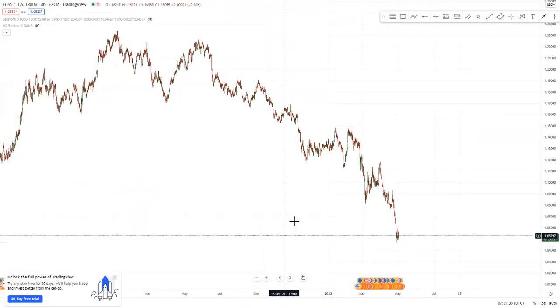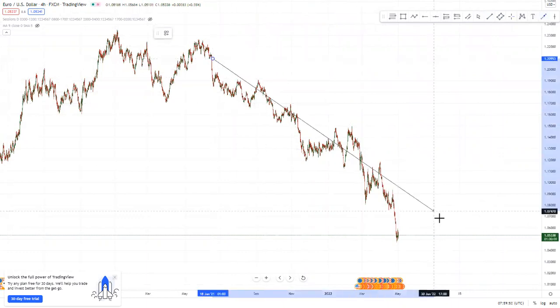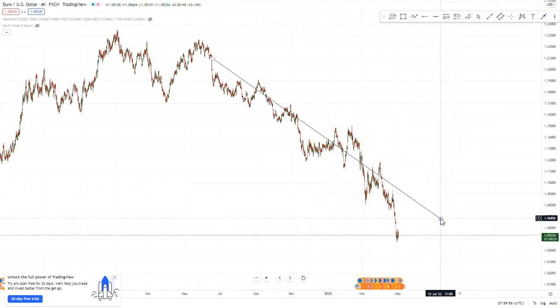Everyone, if you zoom out your chart, you have something of this style. Everybody can agree with me that this is a typical downtrend, right? This is a very typical downtrend because the market is pulling down.